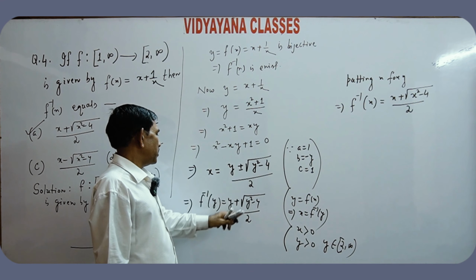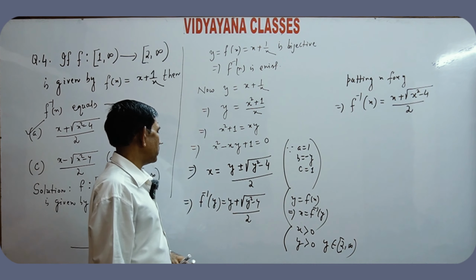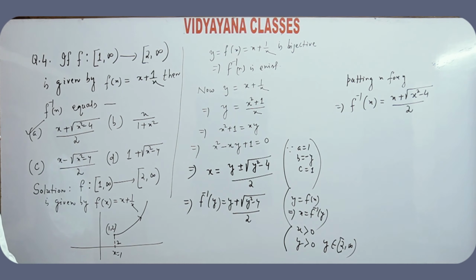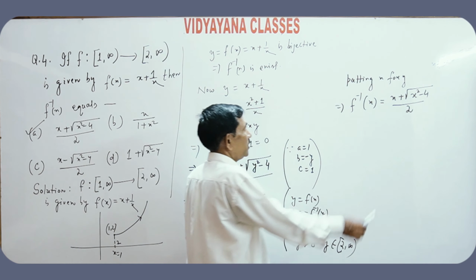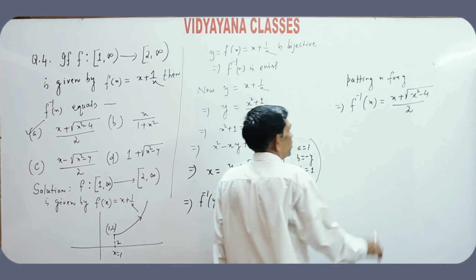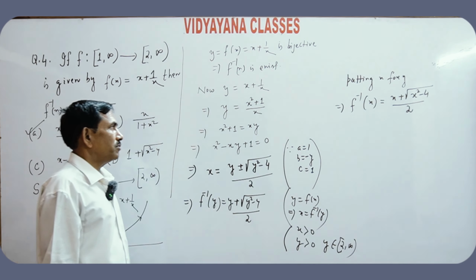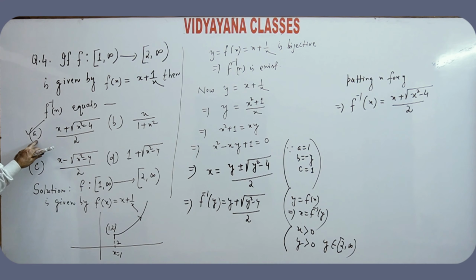So we will take the positive sign. Since both x and y are positive, f inverse y is equal to this, putting x for y, f inverse x is equal to x plus root of x square minus 4 by 2, which is the inverse of the function. So the correct option is A.